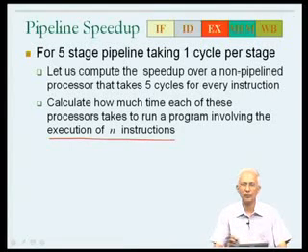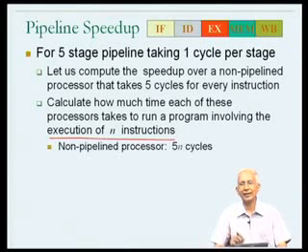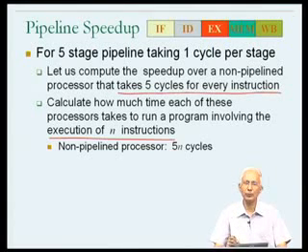We're just going to use this notation: the number of instructions executed for the program to run completely is n. Now we can reason about the non-pipelined processor. It takes 5 cycles for every instruction. If there are n instructions, then the total time to execute this program will be 5n cycles. So that's easy to see.